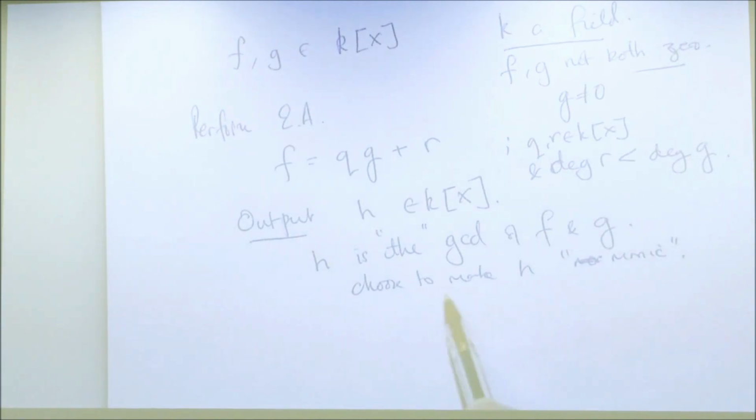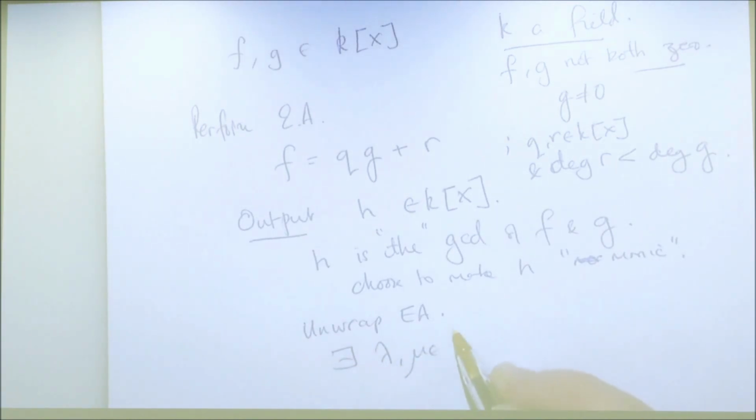Okay, now if you unwrap Euclid's algorithm in just the way that you do for the integers, what you will discover is that there exist polynomials lambda and mu, with coefficients in K, such that the GCD is equal to the polynomial lambda times the polynomial F plus the polynomial mu times the polynomial G. And there is absolutely no difference from the process that you would do when you're working with integers.